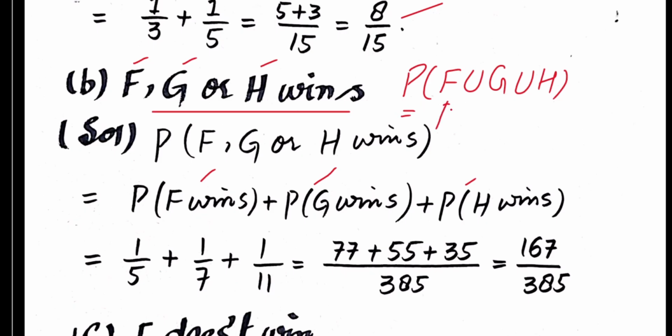So this is simply the probability of F plus probability of G plus probability of H when the events are mutually exclusive, meaning there is no intersection between any two sets. Their intersection is the empty set. So by adding 1 over 5, 1 over 7, 1 over 11, this gives 167 over 385.